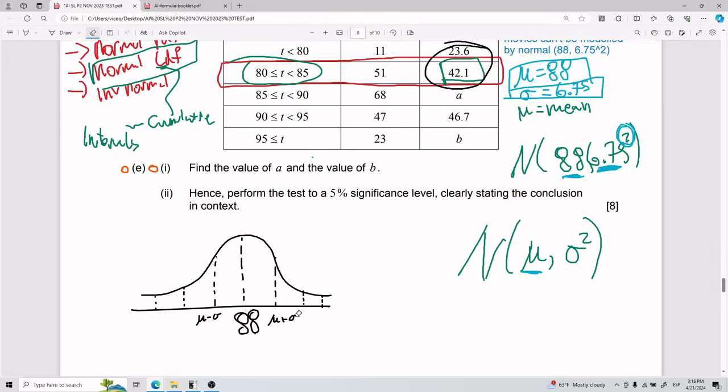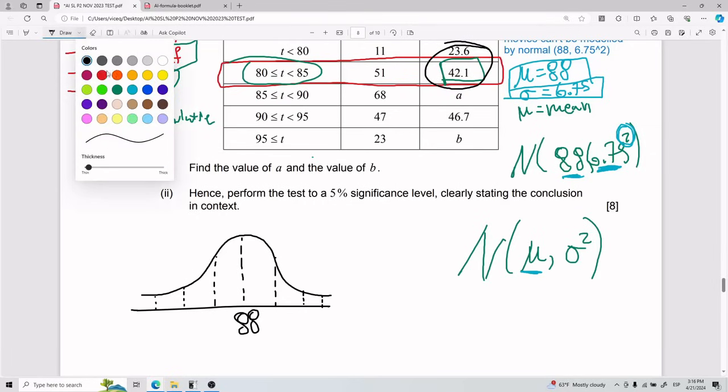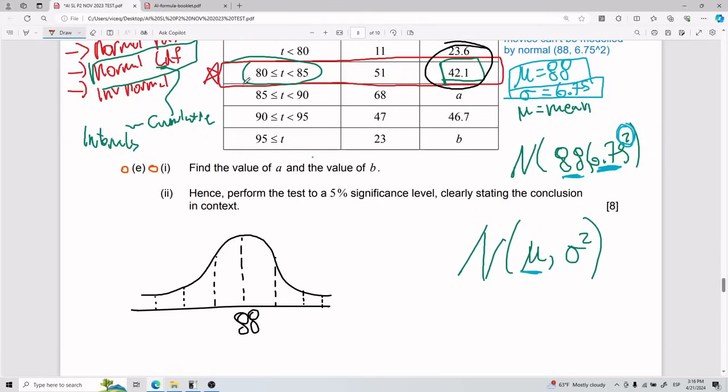Technically what I just did is this: in the middle I have 88, and I'm looking for the part in red, from 80 to 85, maybe around here, I'm making it up. That's what you're asking for.